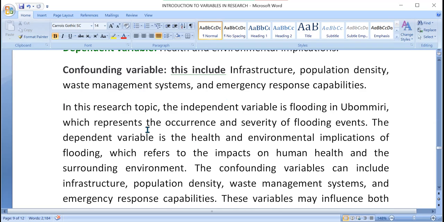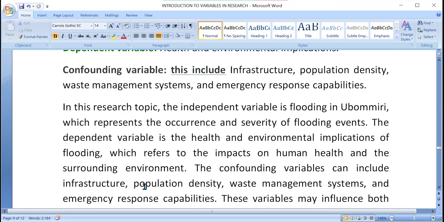So in this research topic, the independent variable is flooding in Obomiri, which represents the occurrence and severity of flooding events. The dependent variable is the health and environmental implications of flooding, which refers to the impact on human health and surrounding environment.